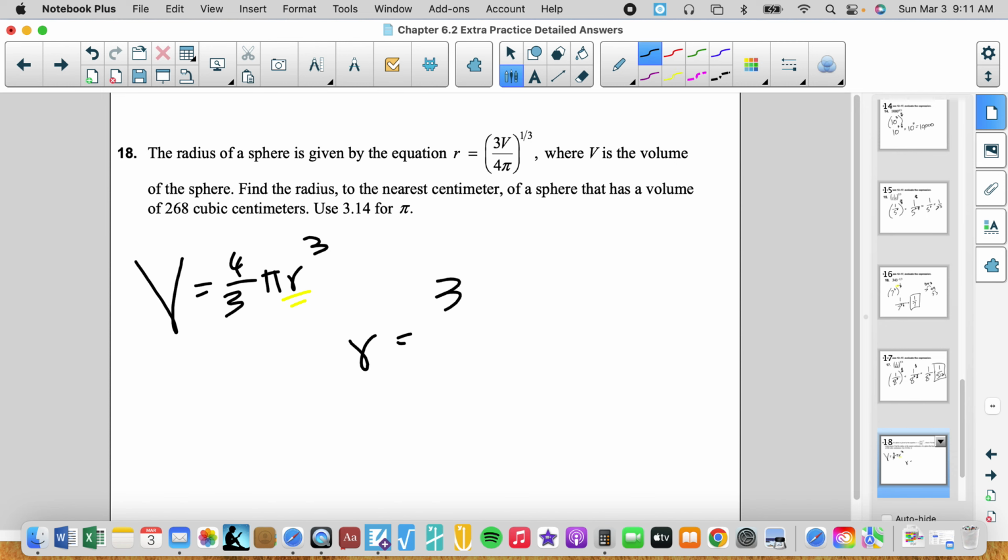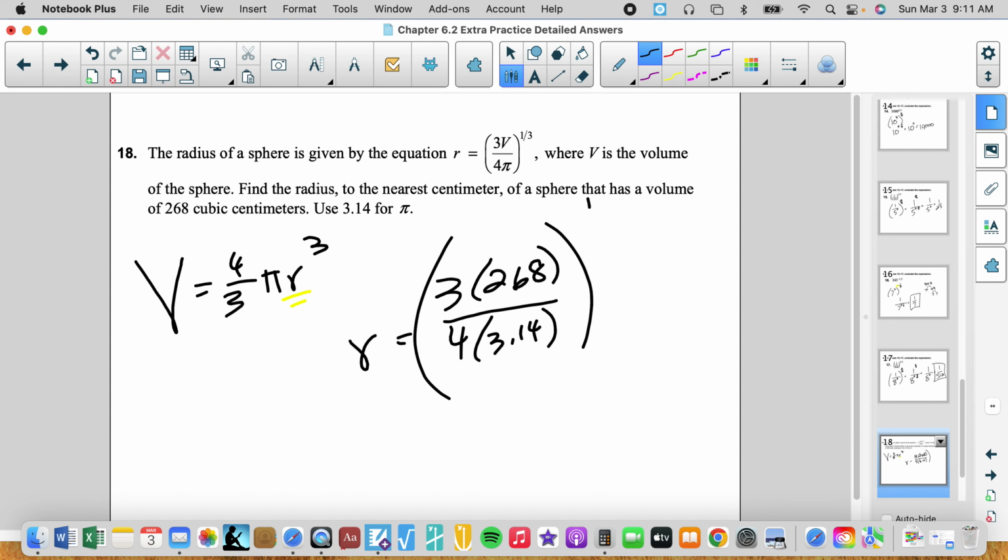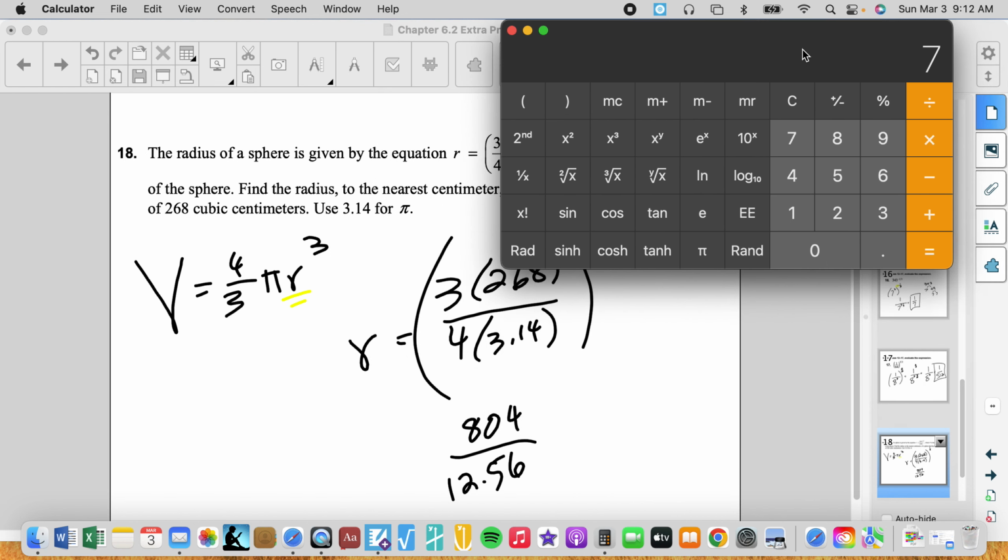R equals 3 times the volume, which is 268, over 4 times 3.14, to the 1/3 power. 3 times 268 gives us 804. And the bottom is 3.14 times 4, which gives us 12.56. Let's make sure our math is correct.